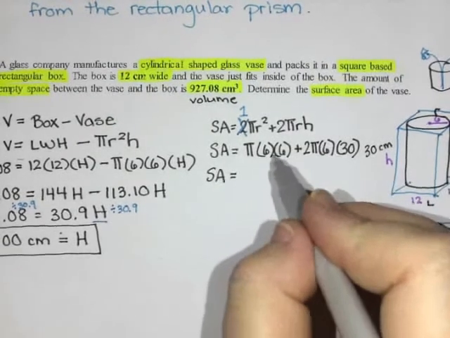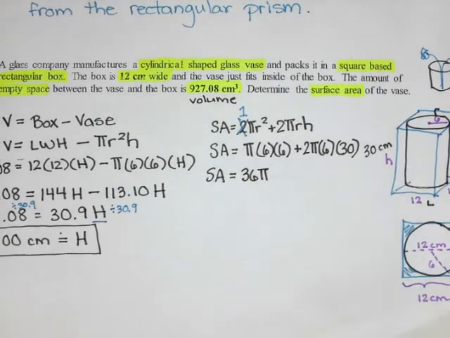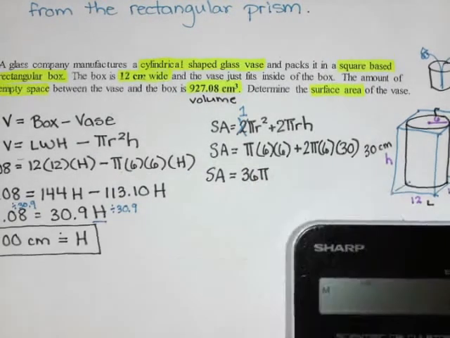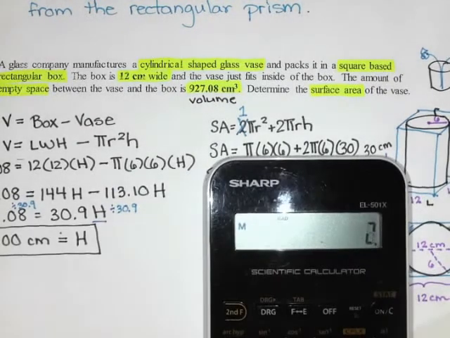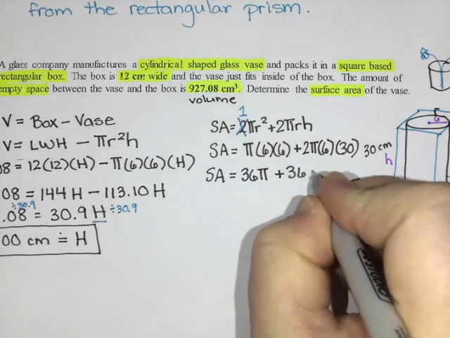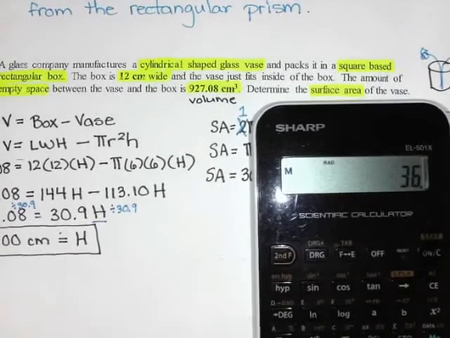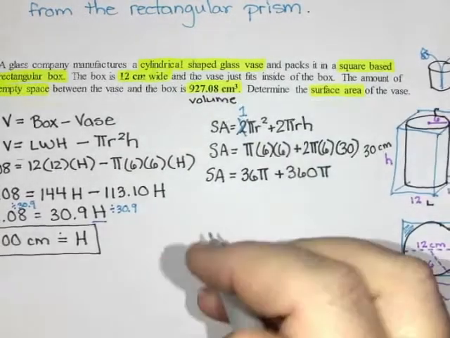So pi times 6 times 6, 6 times 6 is 36, so I have 36 pi. And then 2 times 6 times 30 is 360 pi. And if I add 360 and 36, I get 396.